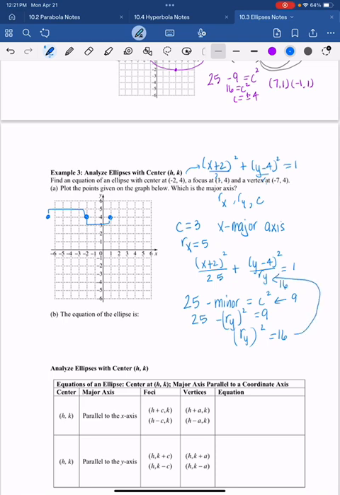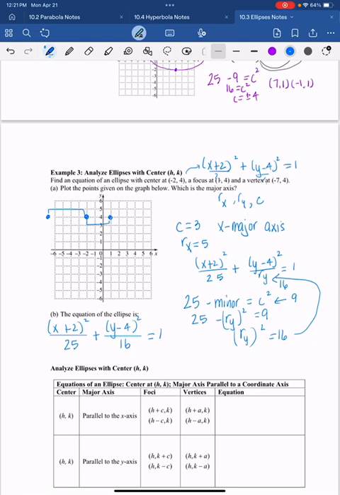So my final equation is x plus 2 squared over 25 plus y minus 4 squared over 16 is equal to 1.